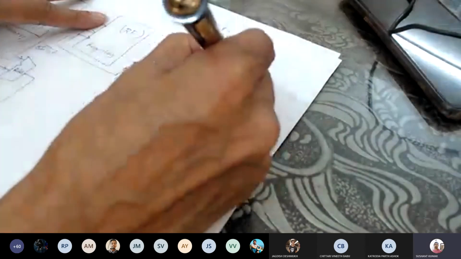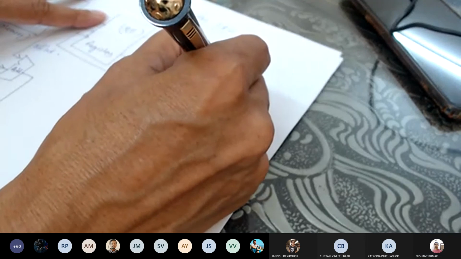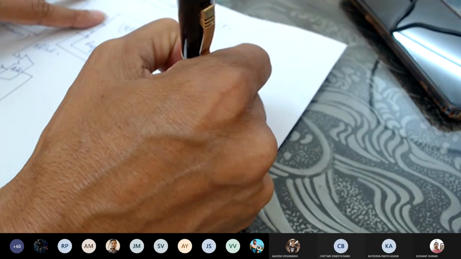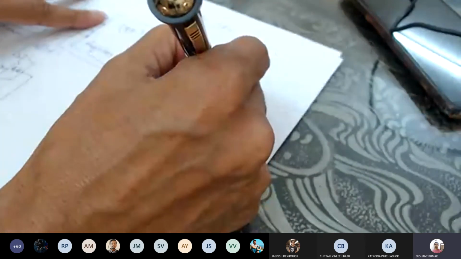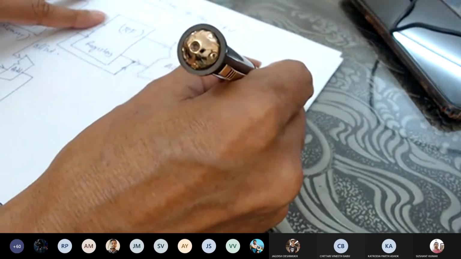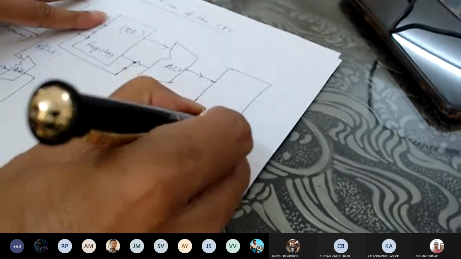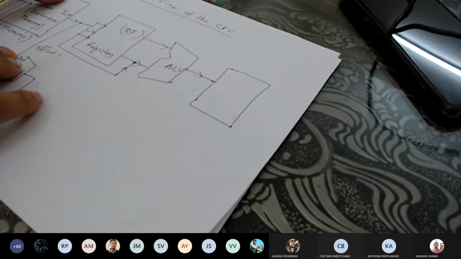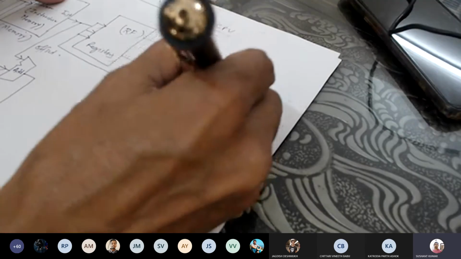Where can we read from? It's not only read, it can be write also. Sir, because we are talking about load and store. So what will be this block? This is instruction memory. What will be this block? Guess. Processor memory interface. Yeah, this is data memory.